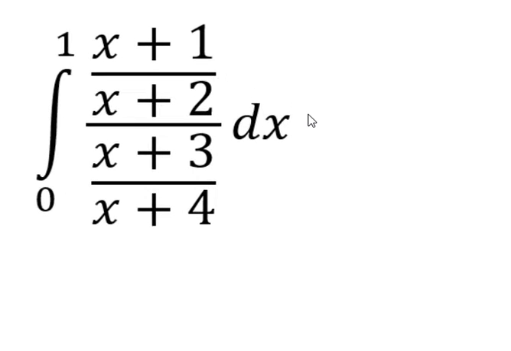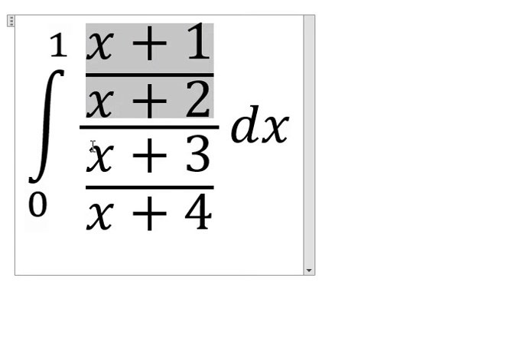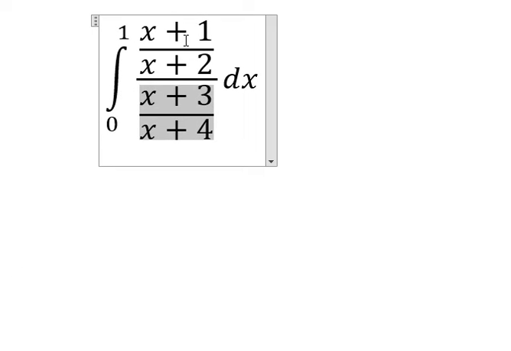If we look carefully, we can see that this line in here is bigger than this one and this one. That means this fraction divided by this fraction. So this line here is bigger than two lines, that means this one divided by this one.